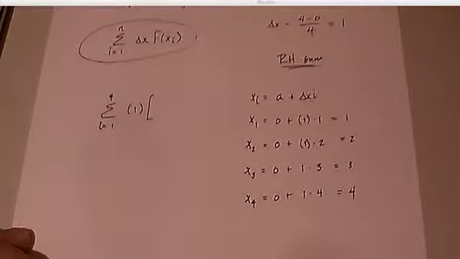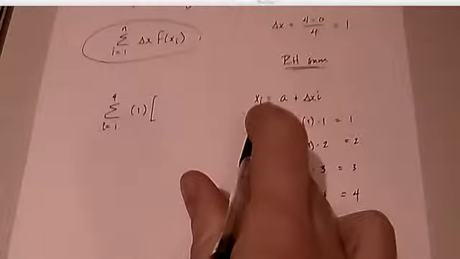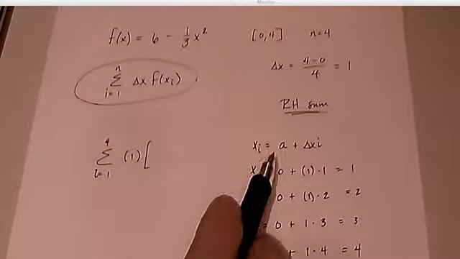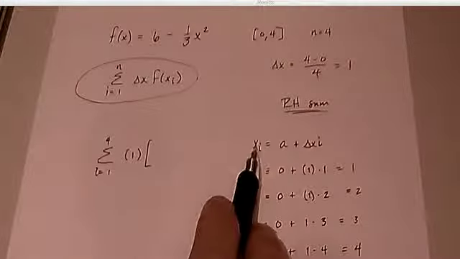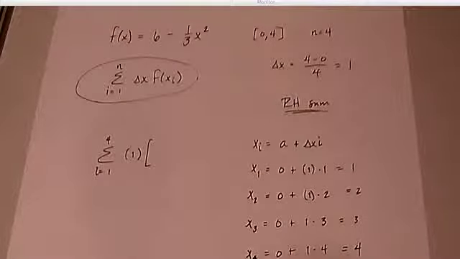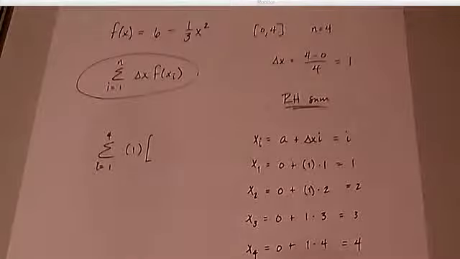Now I set it up so that it would be pretty easy. Because I'm dealing with an interval that starts at 0, you're welcome, our a is 0, and really x sub i is just delta x times i. And if delta x is 1, then in this case, it's just i.